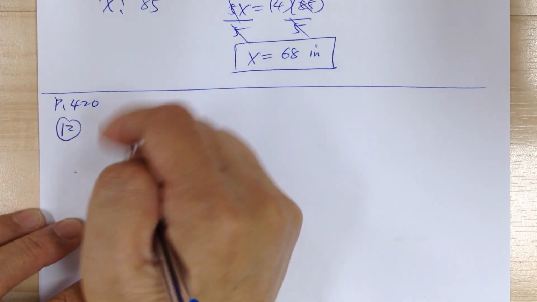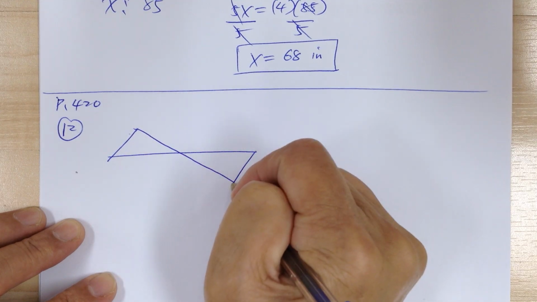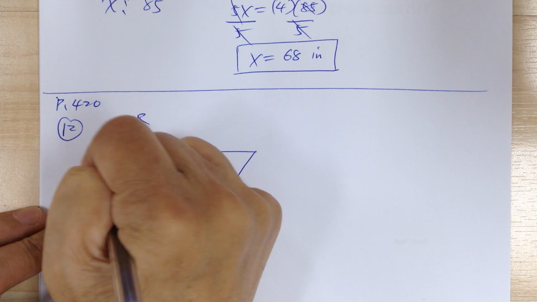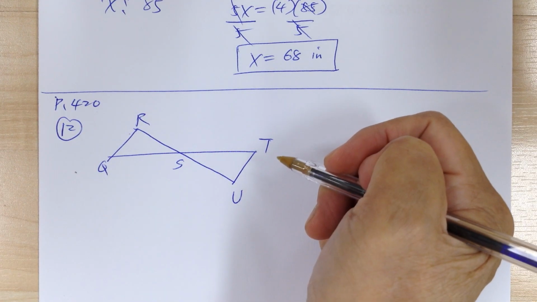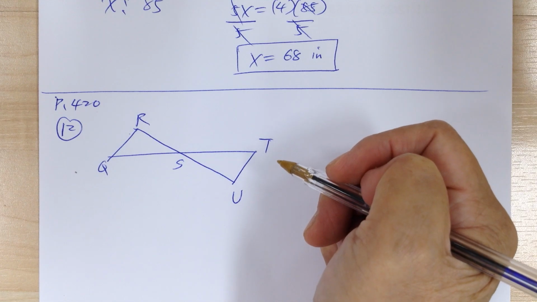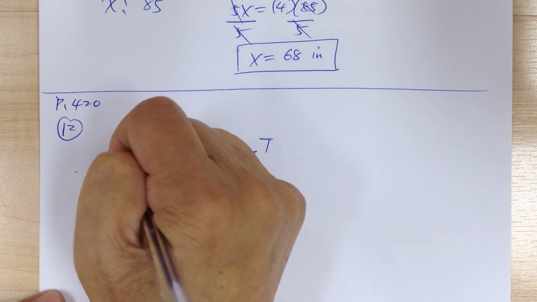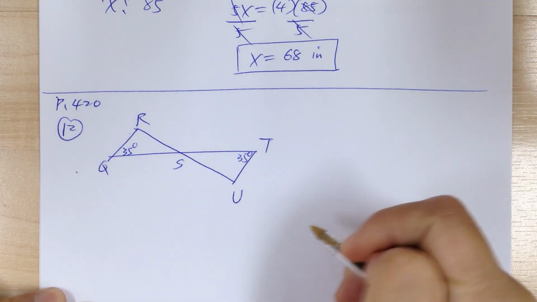So number 12, you have this one is 35 degrees. So this is kind of like a proof.